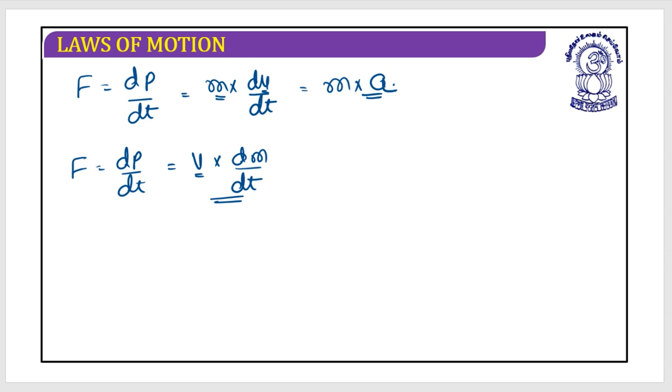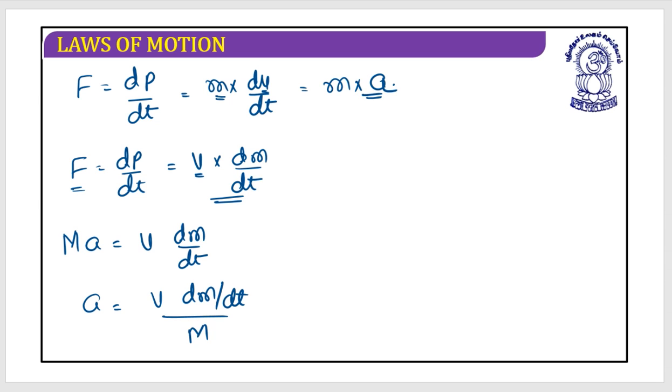This is the variable mass system. If I require the acceleration, I can write m into a equals v dm by dt, so the acceleration is v dm by dt divided by mass m. Now let's suppose I am asked what the acceleration of the system would be after a certain time.